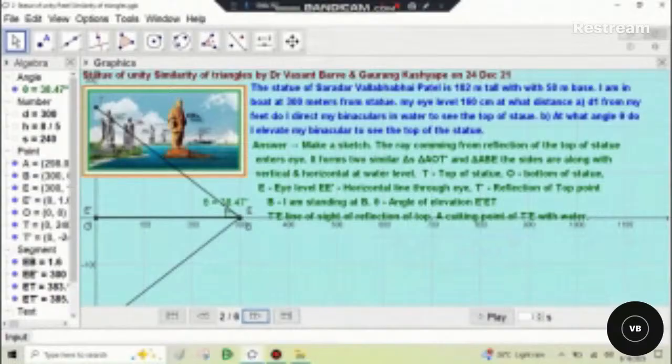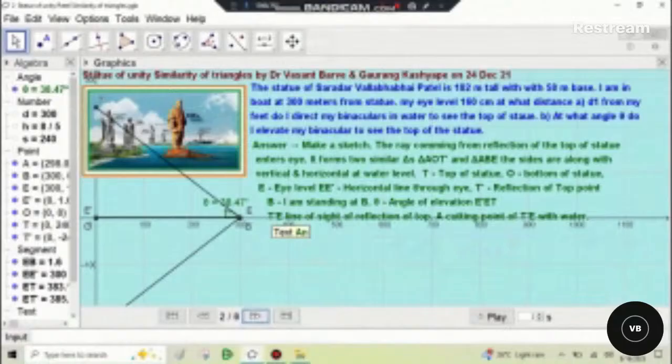Now let us see that I make a sketch. The ray coming from reflection of the top of the statue enters my eye. It forms the image. See, this particular reflection or from this, it will be same.